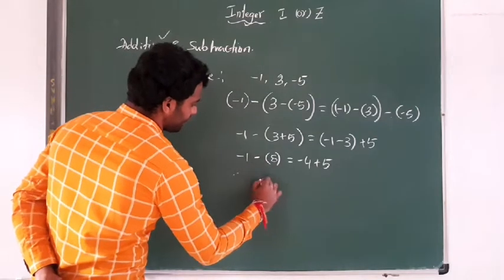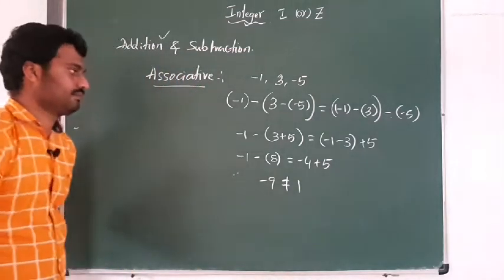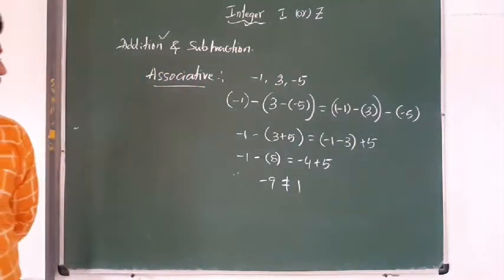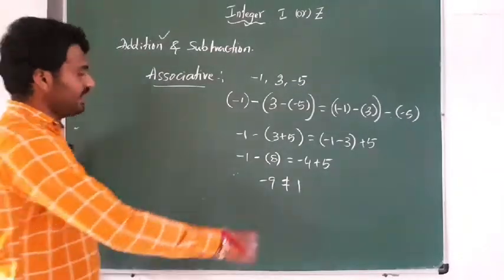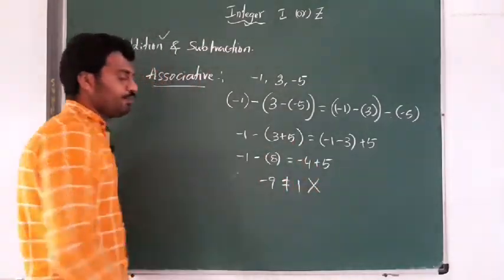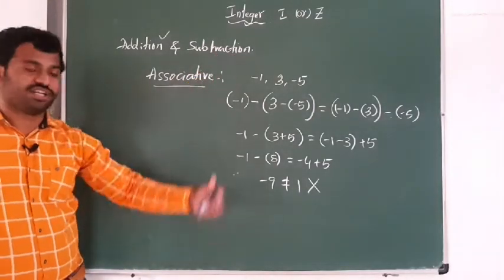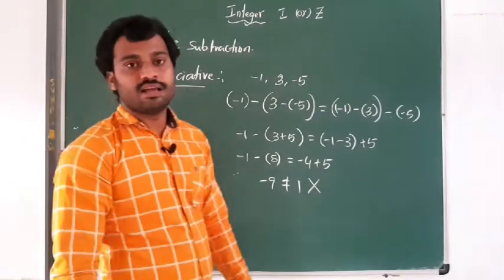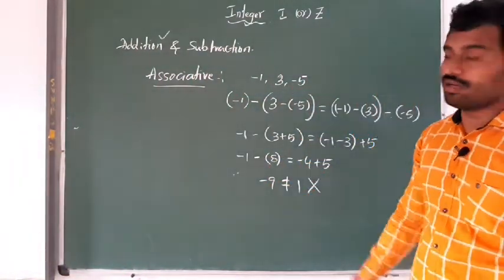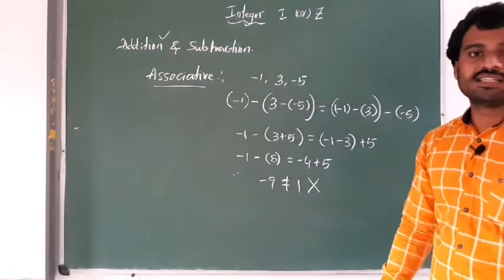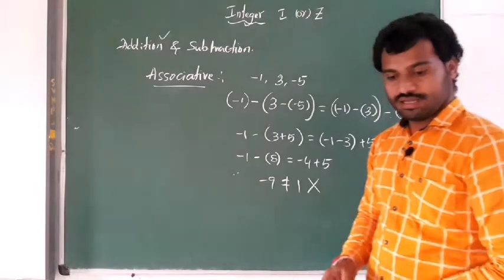So here -1 minus 8 minus 9, which is not equals to 1. Here -9 is not equals to -1. Clearly we can say associative property is not satisfying under the subtraction. Is it clear? Associative property is not satisfying under the subtraction for the integer set. Clear? Understood?